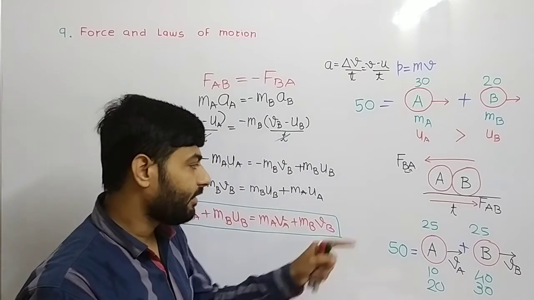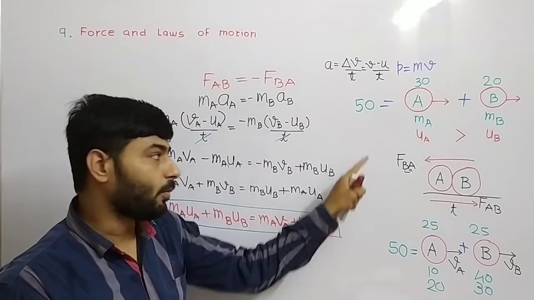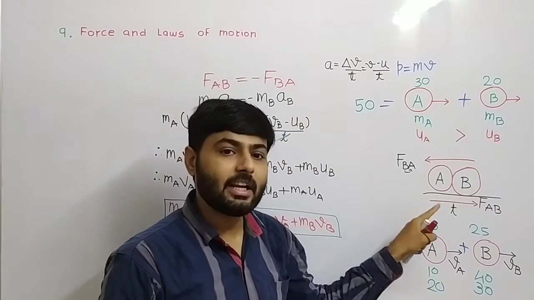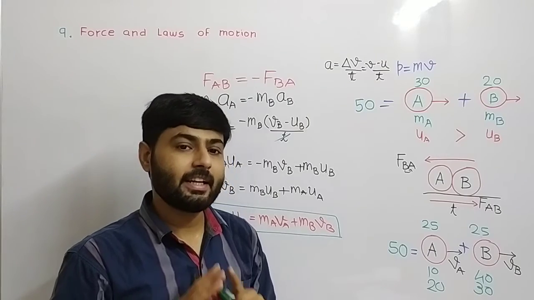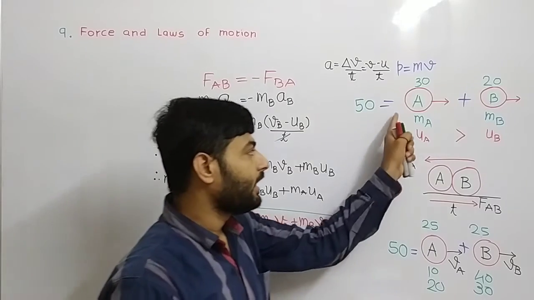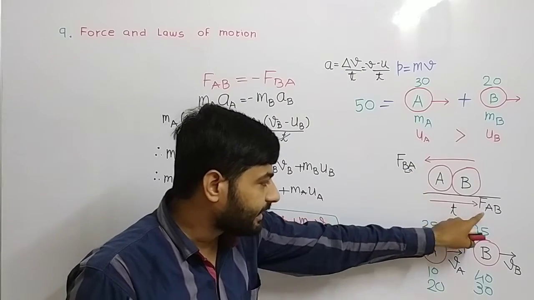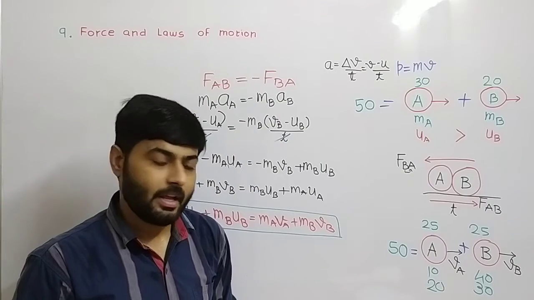But remember my friend, we are not considering this external force in this derivation. This is an ideal collision, which means we are not considering any other force acting on these two balls except this force AB and BA.